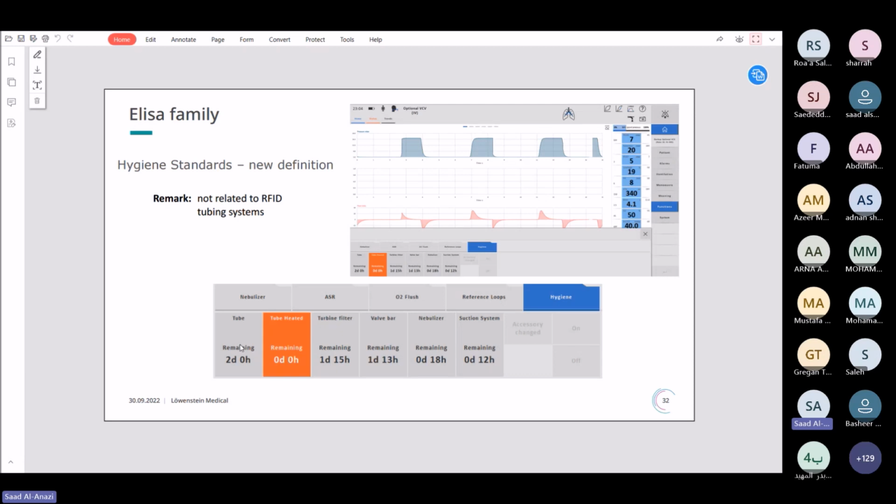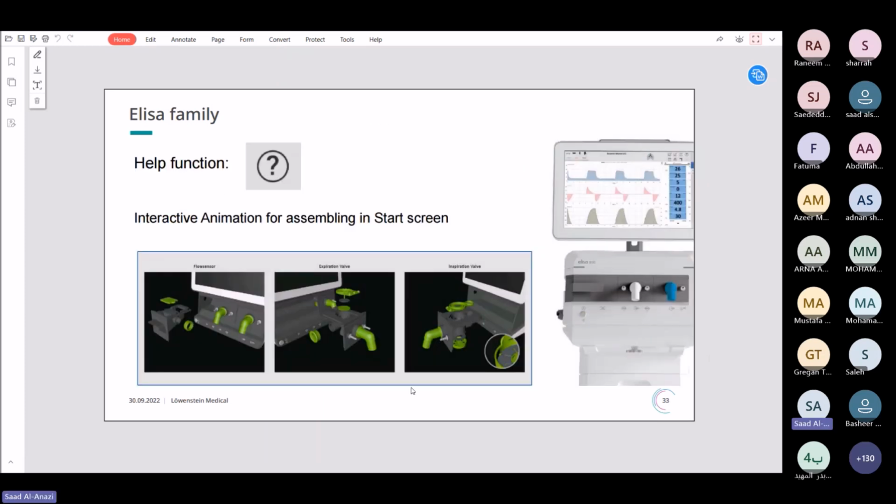Then after 30 days, the ventilator will give you an alarm to change the circuit. For the HME also, it will give you an alarm or sign: please RT, doctors, change the heated or the HME. It's a really great option to minimize the infections and help the RT apply his standard in the ventilator.